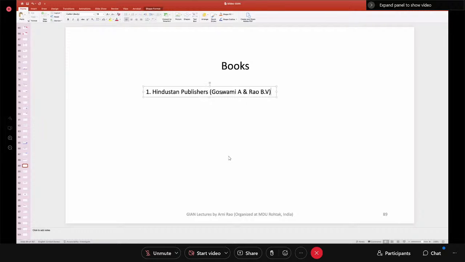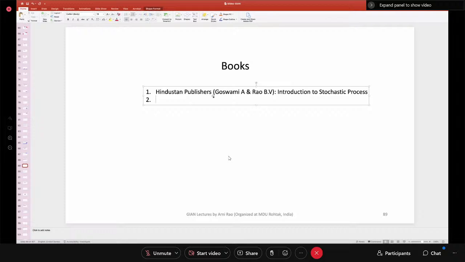Introduction to process. And this is the book followed at Indian Statistical Institute, which I recommended on the screen.